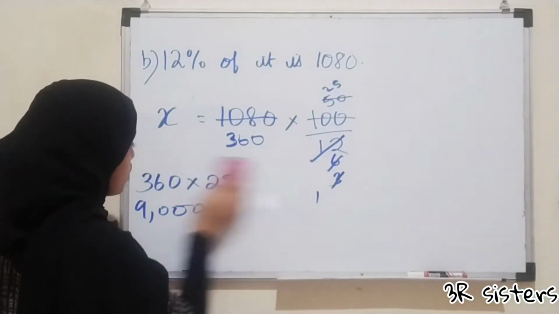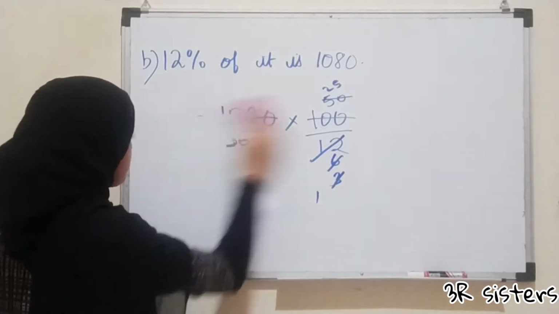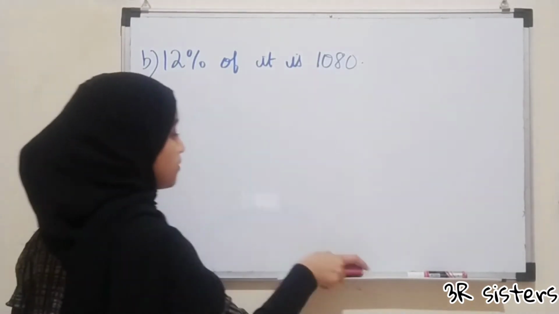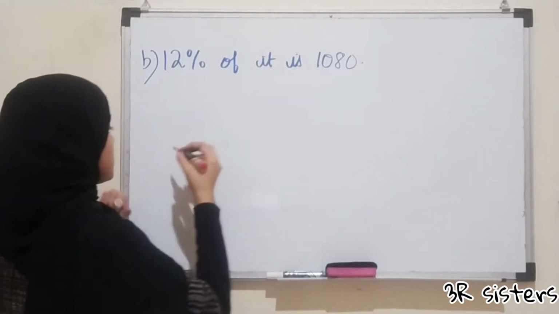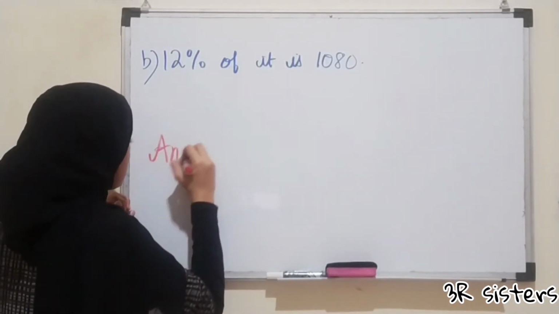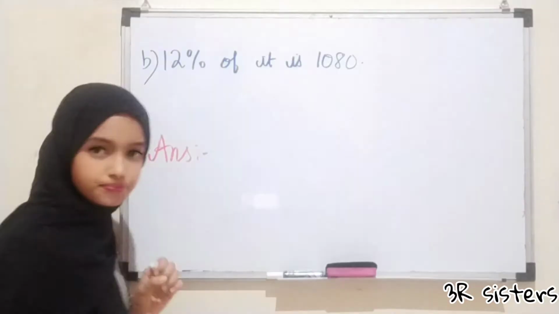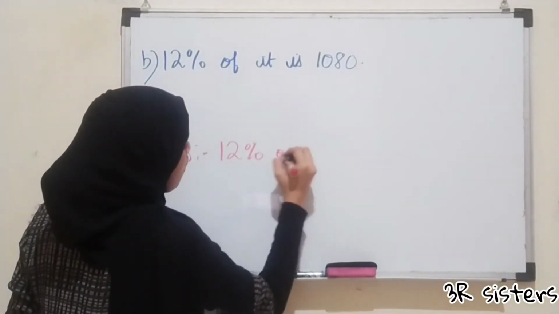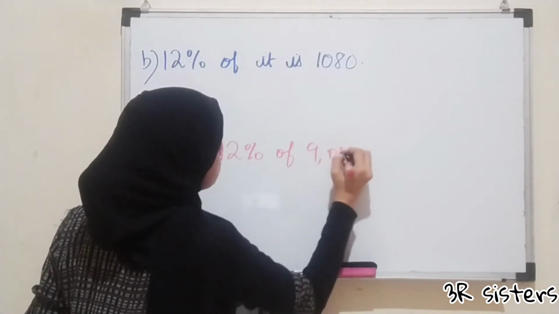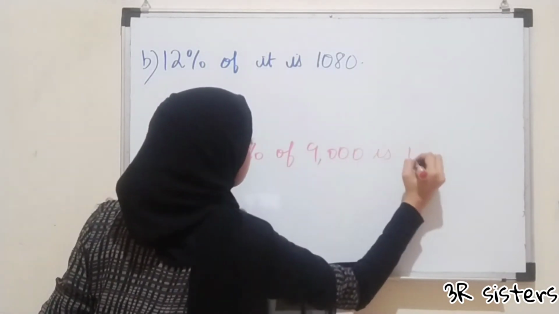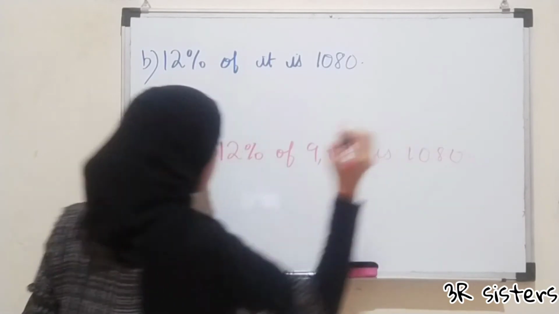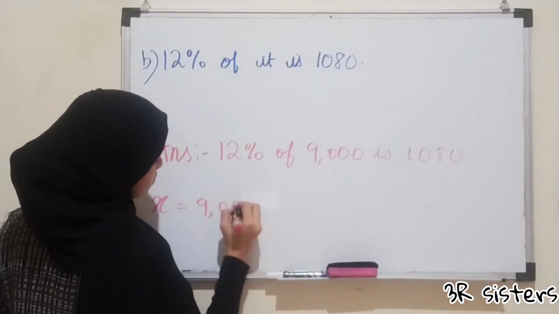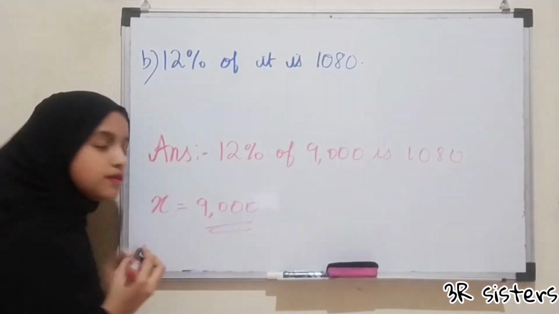Now the sentence we can write is: the answer is 12% of 9,000 is 1080. So what is the x value? 9,000. This is the answer we get.